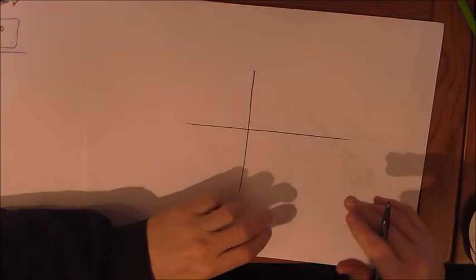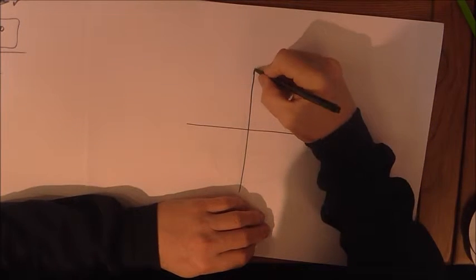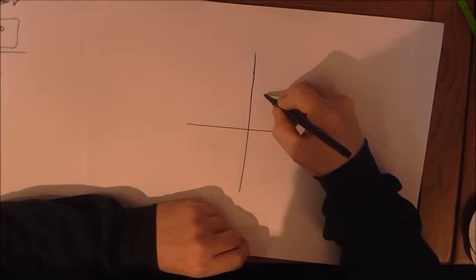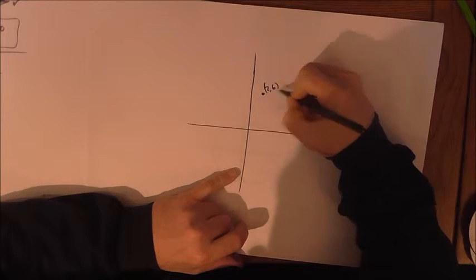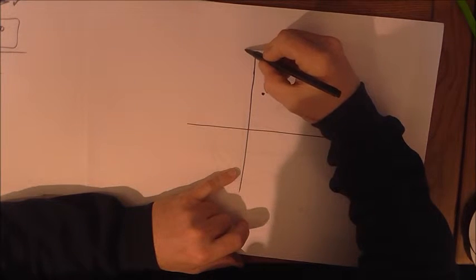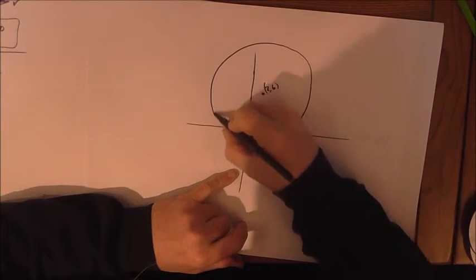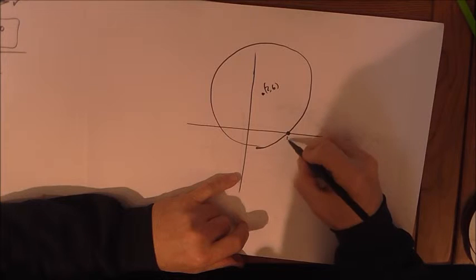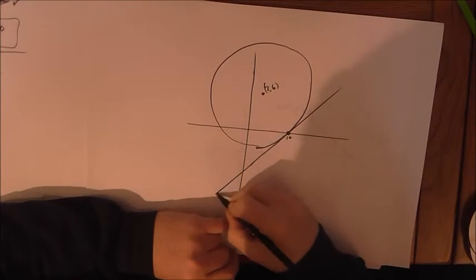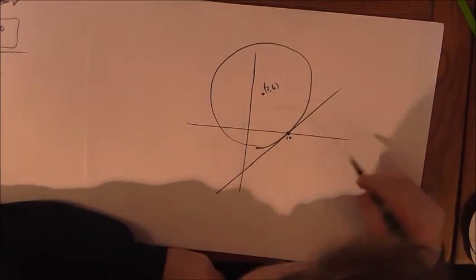2 comma 6 would be here. So the graph goes up to 16. Really should use compasses for these. 10, 0 is there.